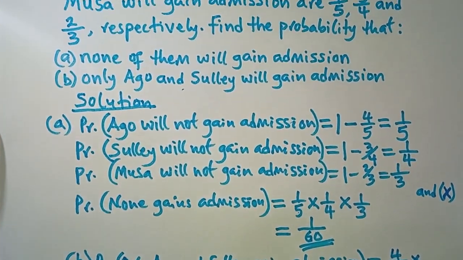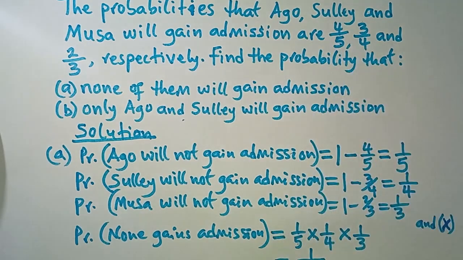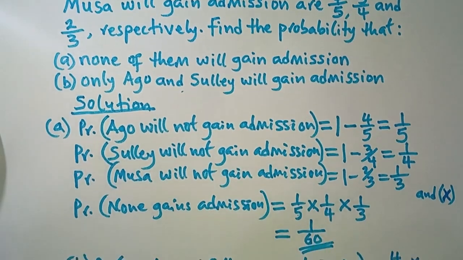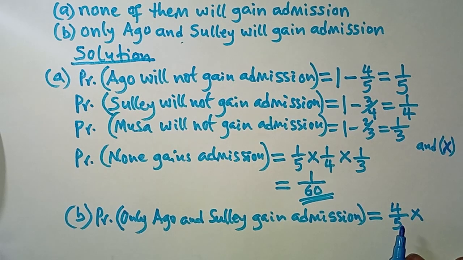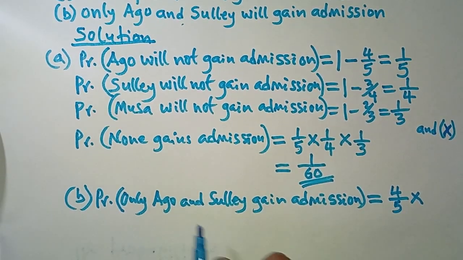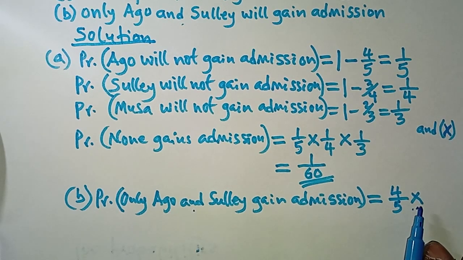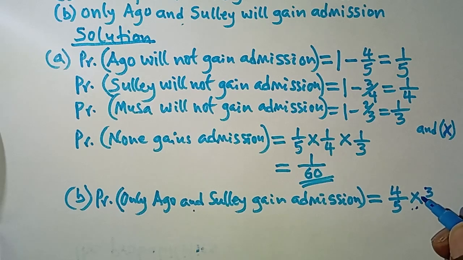Let's look at it again. The probability that Ago gains admission is 4/5. The probability that Sule gains admission is 3/4. So what I'm multiplying now is Ago gains admission, which is 4/5, multiplied by, that is the and now, signifies multiplication. Sule gains admission, as we have seen there, is 3/4.